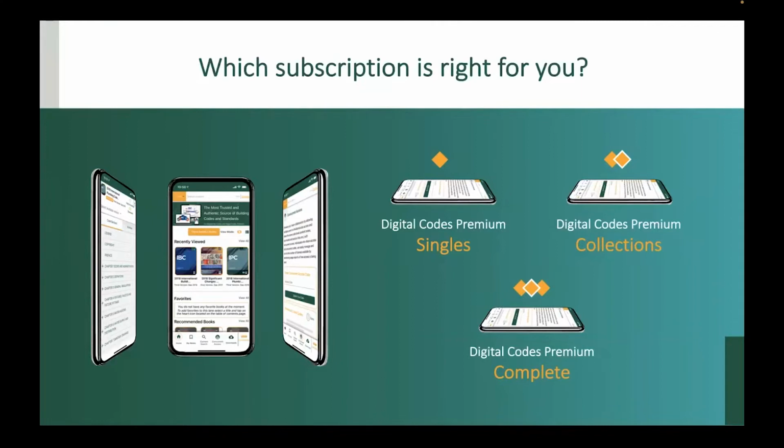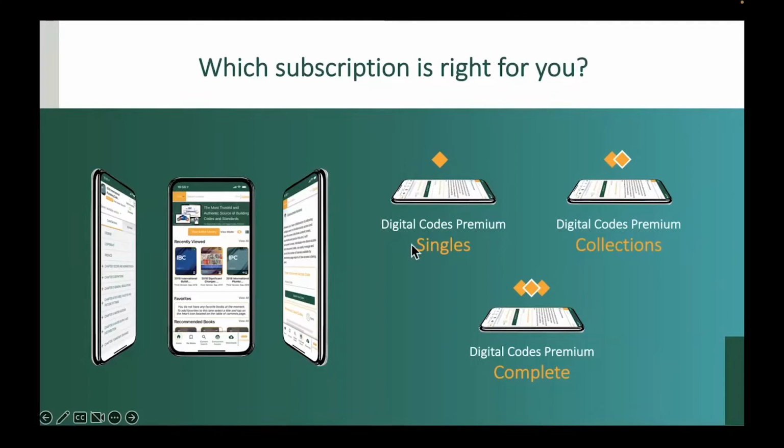On Digital Codes Premium, you have the choices of what type of content you would like to have. If you're only referencing one specific title, we do have singles that would be a type of license that you could have. For example, IBC. Digital Codes Premium Collections would be a group of titles that are related. An example of that would be all the model codes, IBC plus all the other ones, would be a collection.